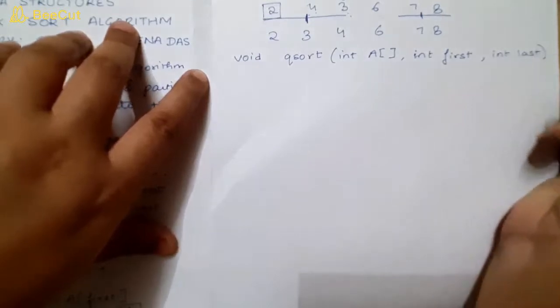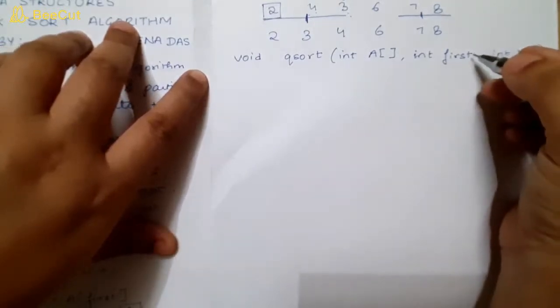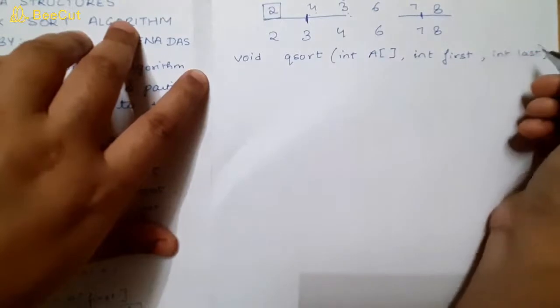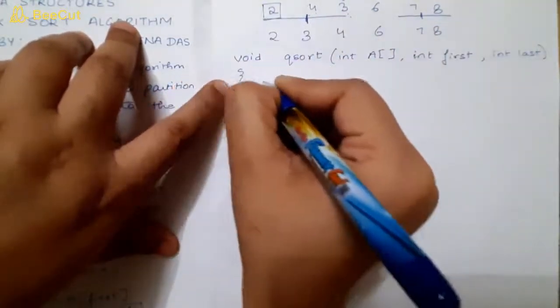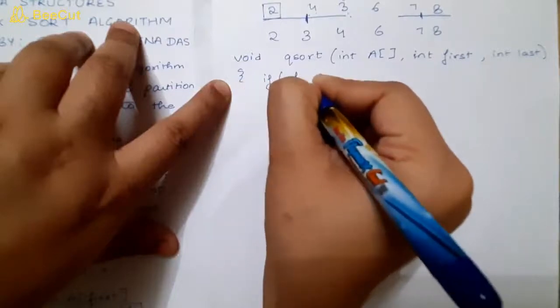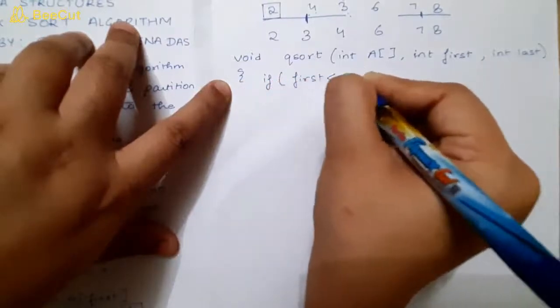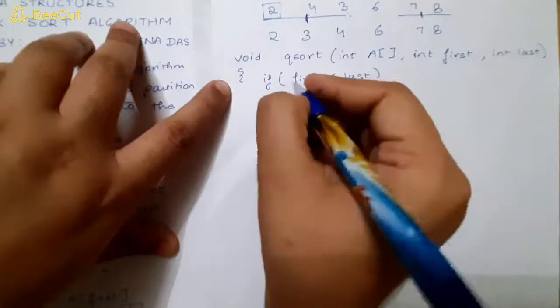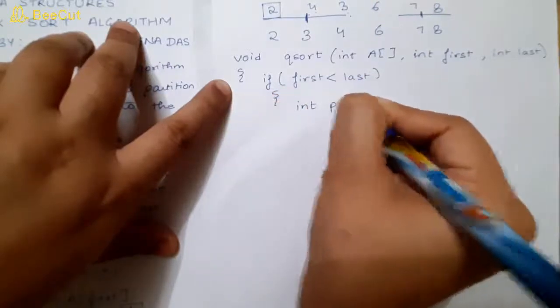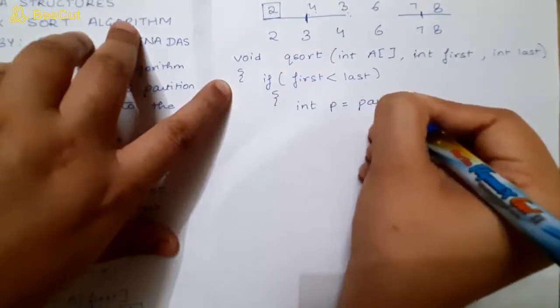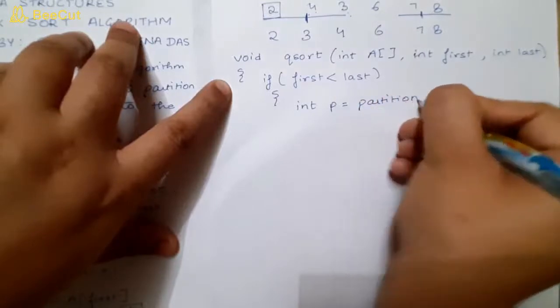As I said, first will hold the value of the first index and last will hold the index of the last element. And if first is less than last, that means if elements are existing in the array, in that case we are going to perform partitioning.